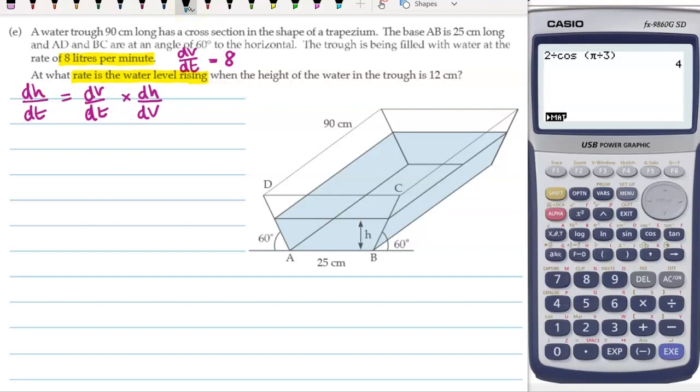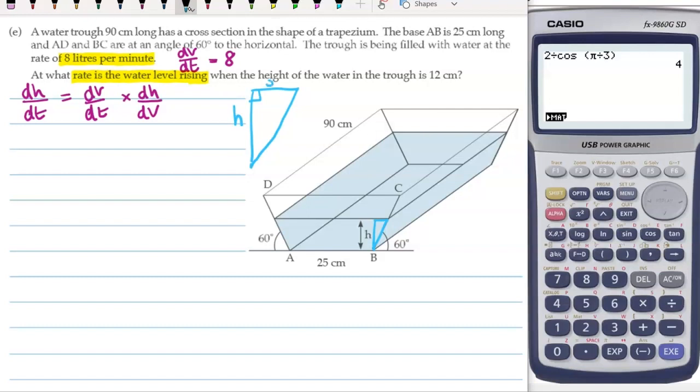So we need to be able to find the area of this trapezium, so we can then multiply it through by the length of the trough to get the volume of water that's in there. We need to work out the h piece, and for that we're going to need to think about this triangle. Now if I just draw that a bit bigger up here, we've got this height here.